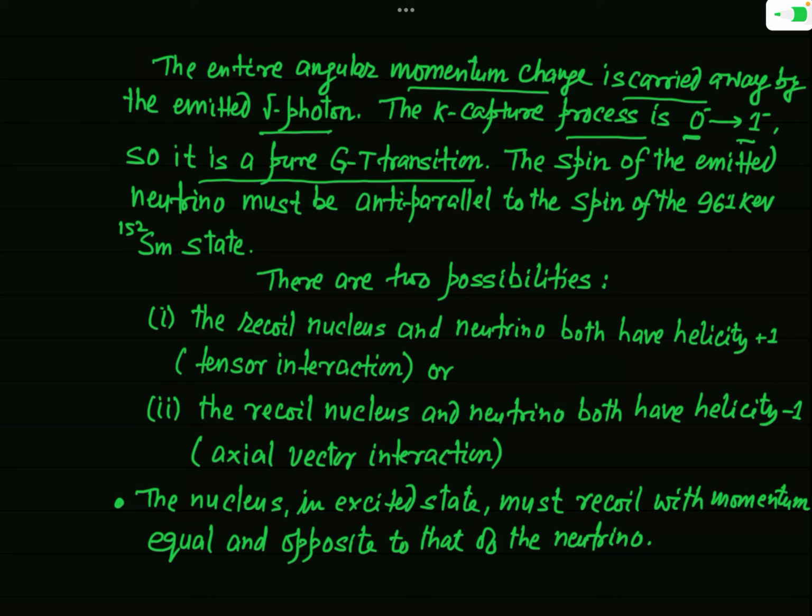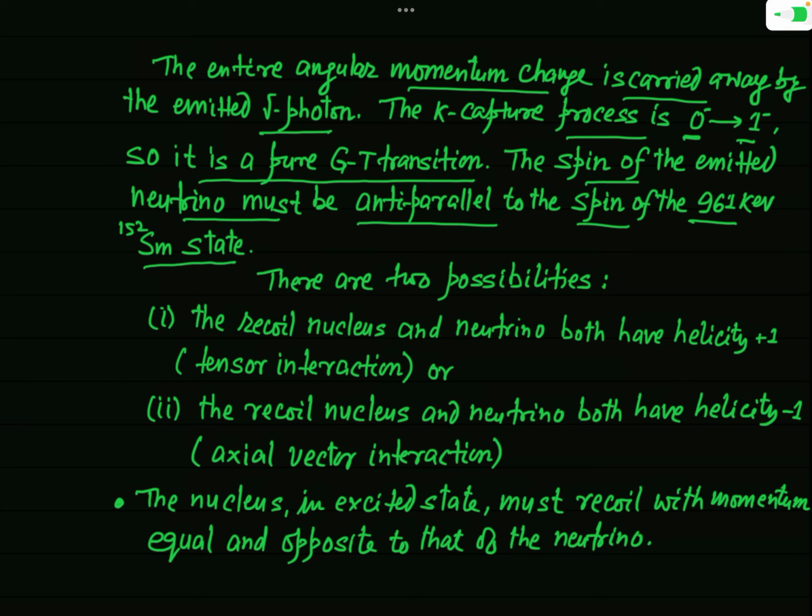You know the selection rule for the GT transition, that it represents a pure GT transition. And the spin of the emitted neutrino must be anti-parallel to the spin of the 961 keV Sm-152 state.